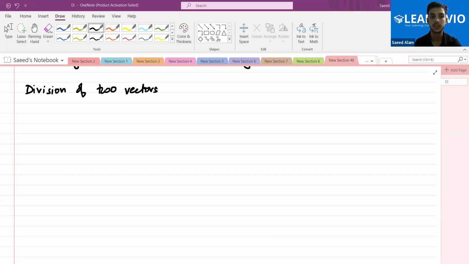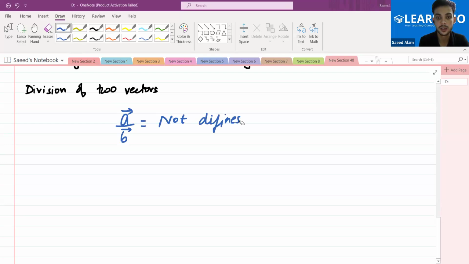Okay, sir, this time the two vectors, let's say, are given to me, and we are finding out the division of the two vectors. So if I ask you to divide the vector A by the vector B, it is actually not defined.